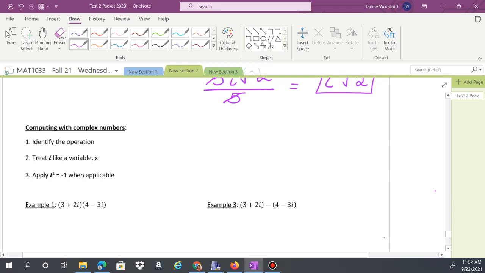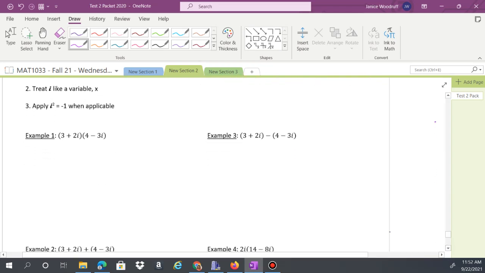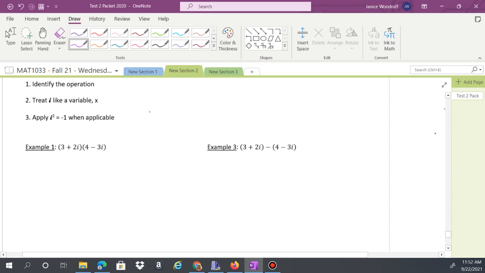So example 1, I am multiplying. What do I want to do to multiply here? FOIL. Okay, so first term times first term would give me 3 times 4, 12. My outside terms, 3 times -3 would give me -9.